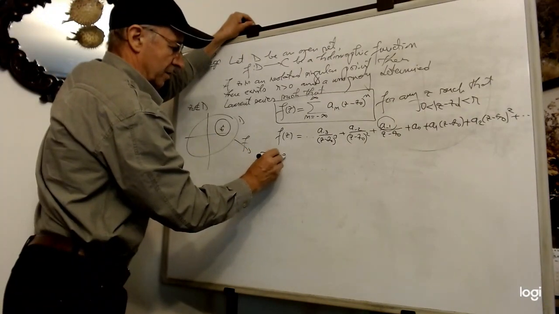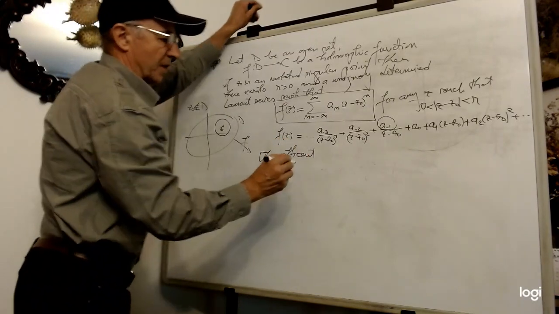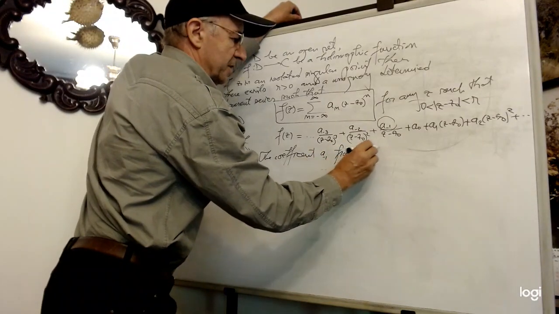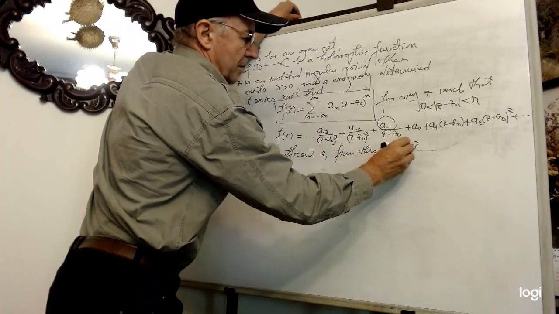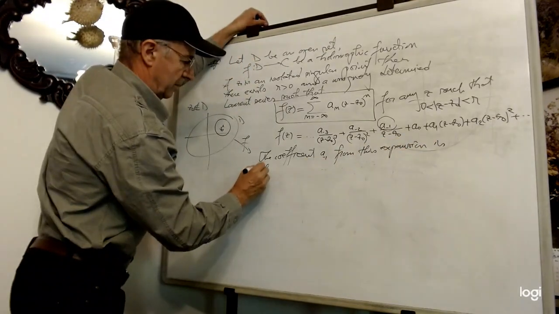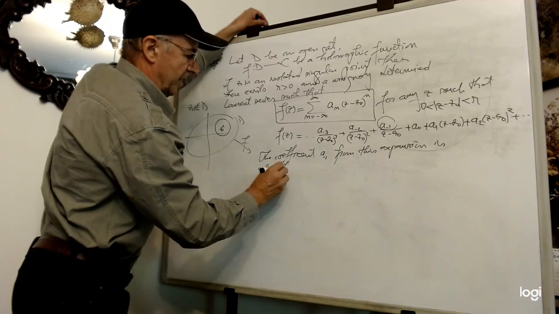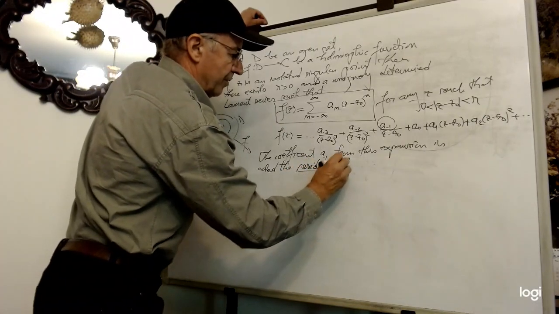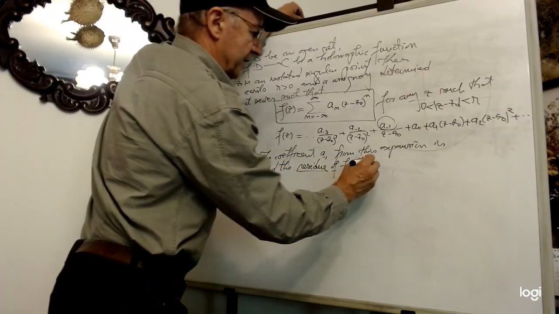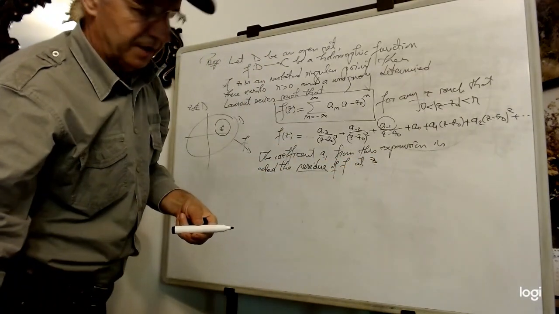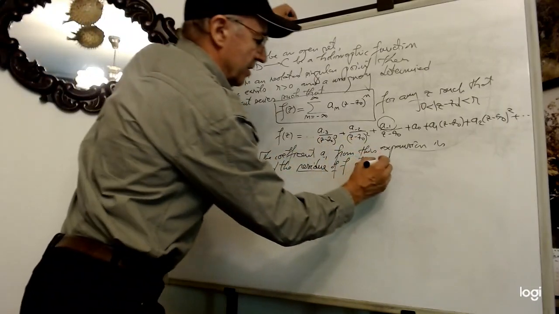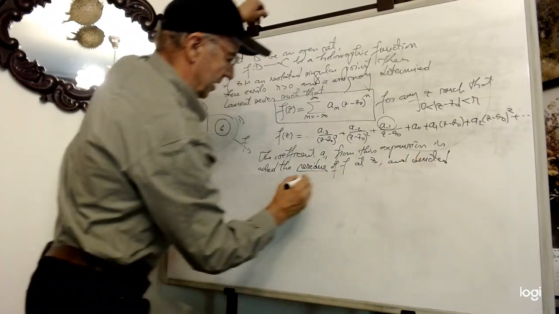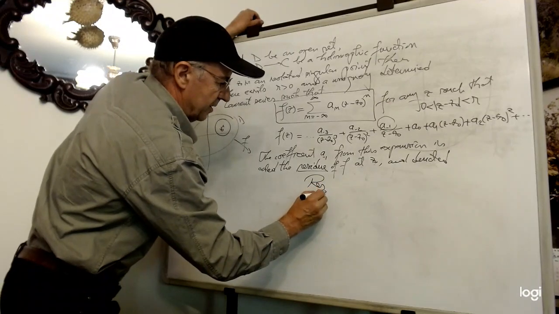The coefficient a minus 1 from this expansion is called the residue of f at the point z0. We denote it residue at point z0 of f.